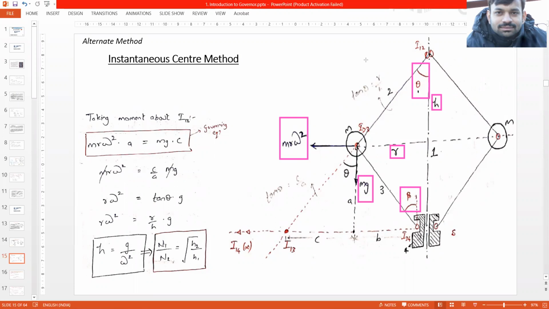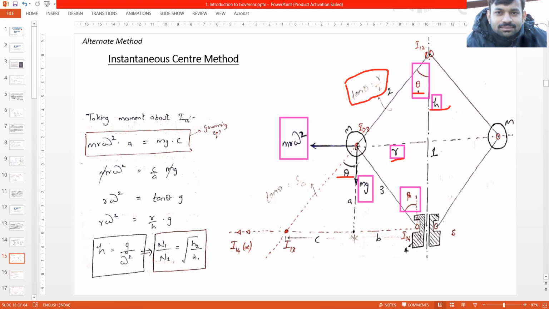Since this angle is theta, by geometry this angle will also be theta. This distance is r, this distance is h, so tan theta would be r upon h.